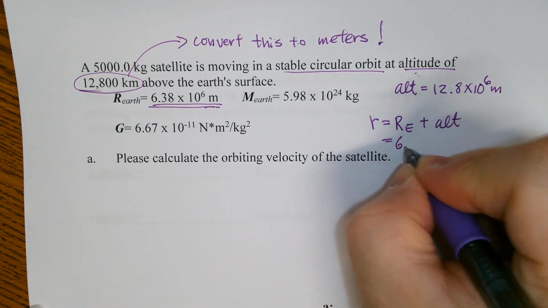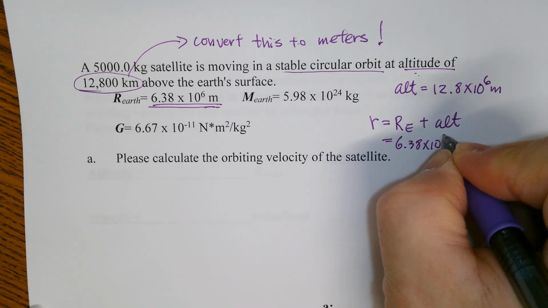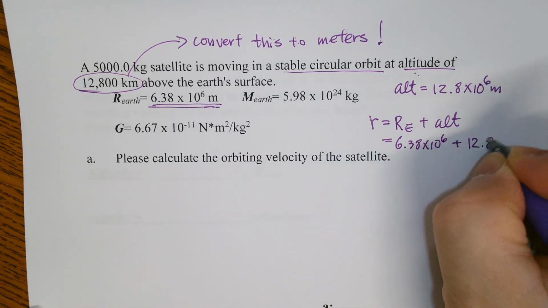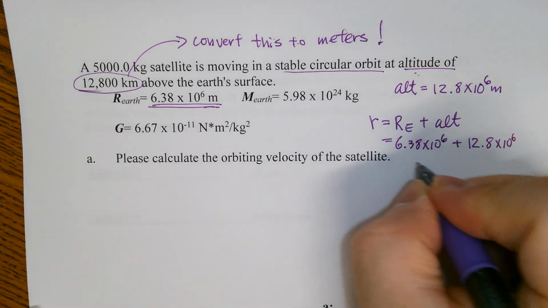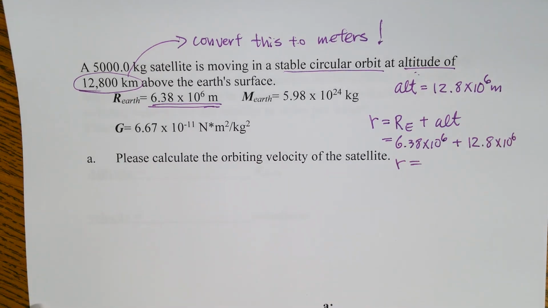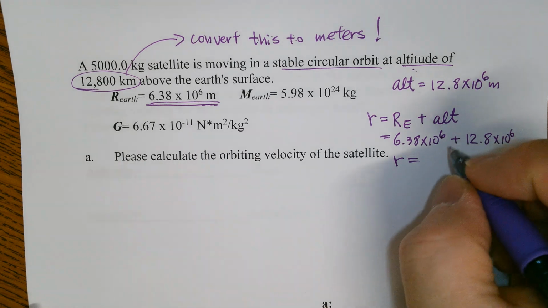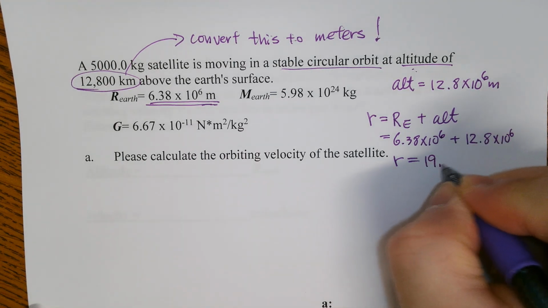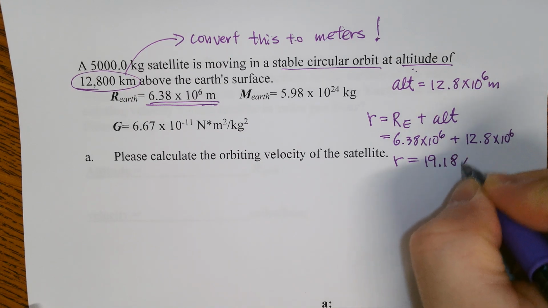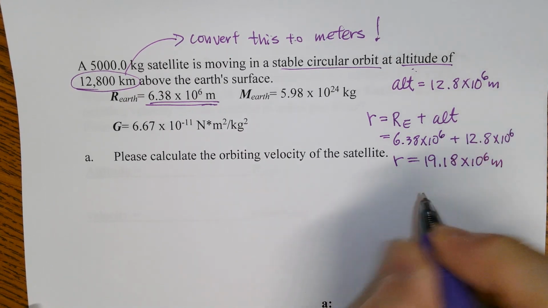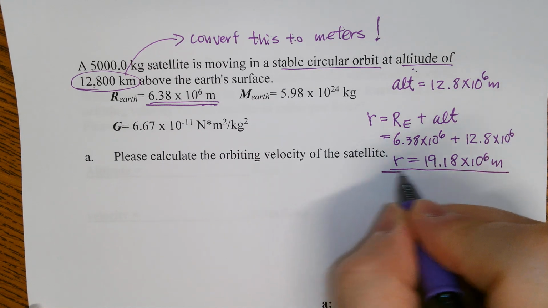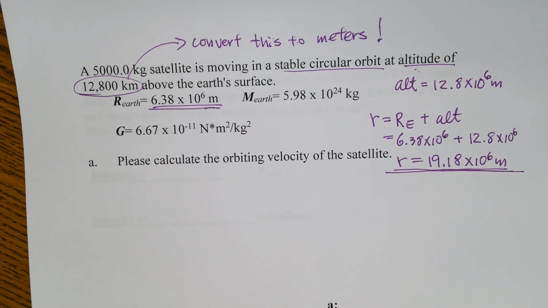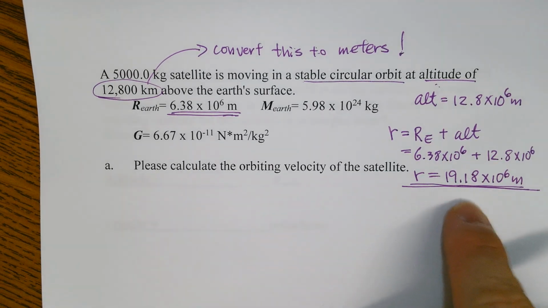Therefore, the radius of the Earth is 6.38 times 10 to the 6, plus the altitude, which is 12.8 times 10 to the 6. Therefore, the orbiting radius comes out to, I believe, 19.18 times 10 to the 6 meters is my R. So that's good to know.